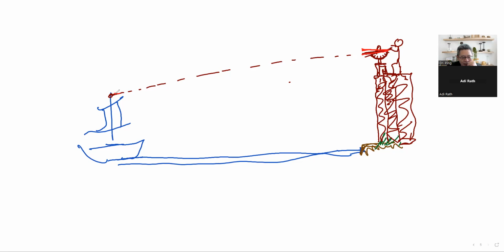So you can see that we actually got a triangle from here towards the standing, or actually it's more, from here to here.